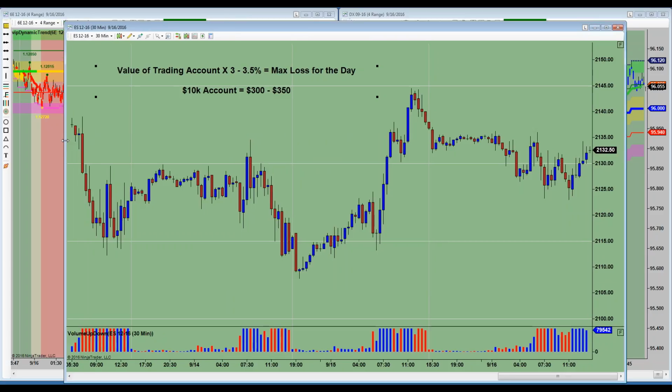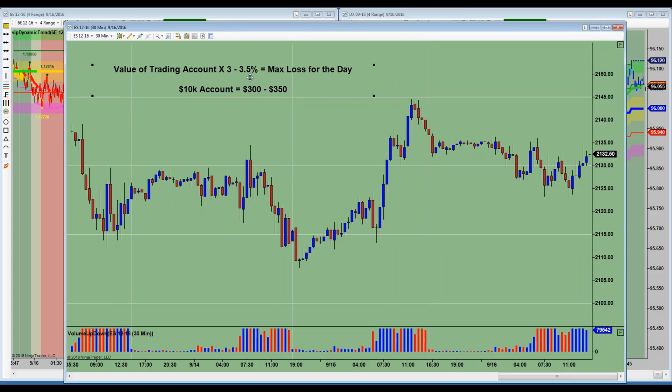All right, so let's do some calculations. Let's say how many stop losses can you take back to back if your average stop level, so I'm talking about your initial stop when you go into a trade, is 10 to 12 ticks.